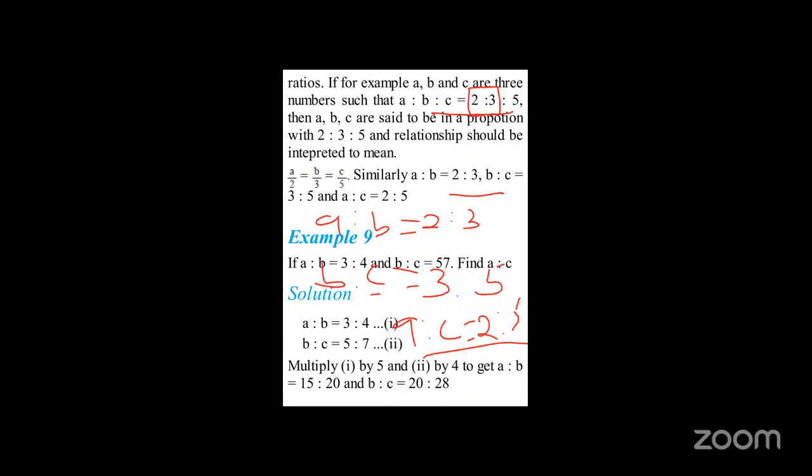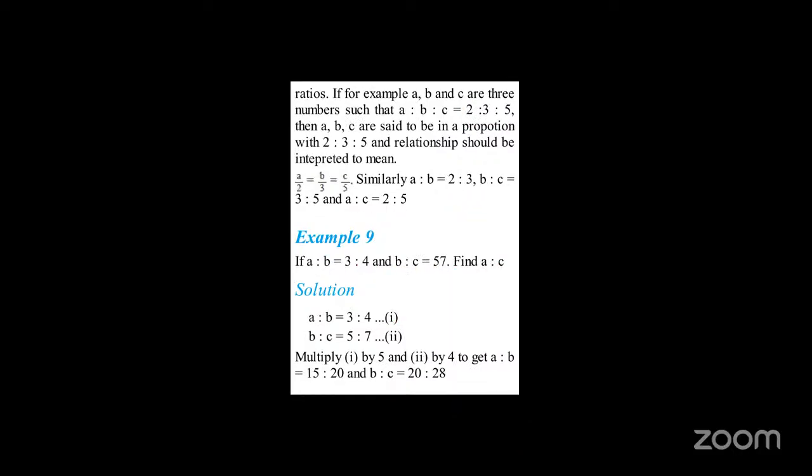So on the other part, you can say, for example, we have that if A ratio B is equal to 3 ratio 4, and B ratio C is equal to 5 ratio 7.